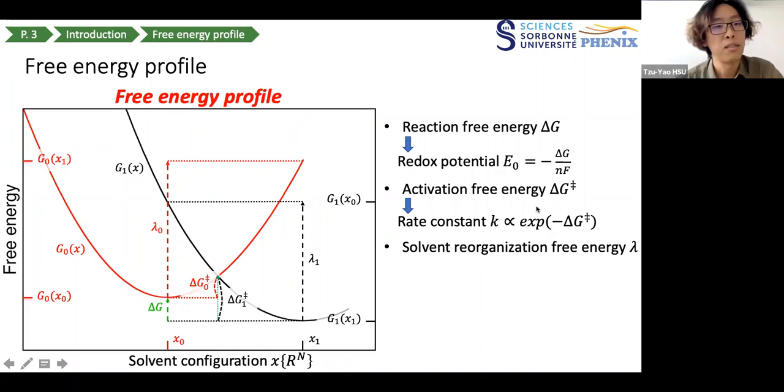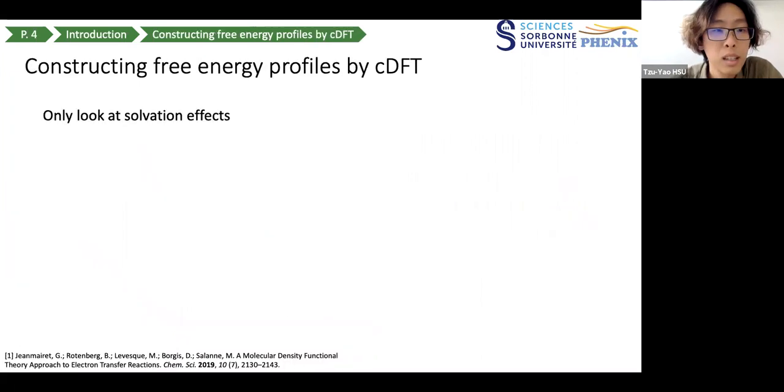So we know that free energy profile is a useful tool to help us understand the thermodynamics and the kinetics of a redox reaction. The problem is, how do we construct a free energy profile by classical DFT? And before going into detail, I would like to emphasize that within a classical regime, we only look at solvation effects.